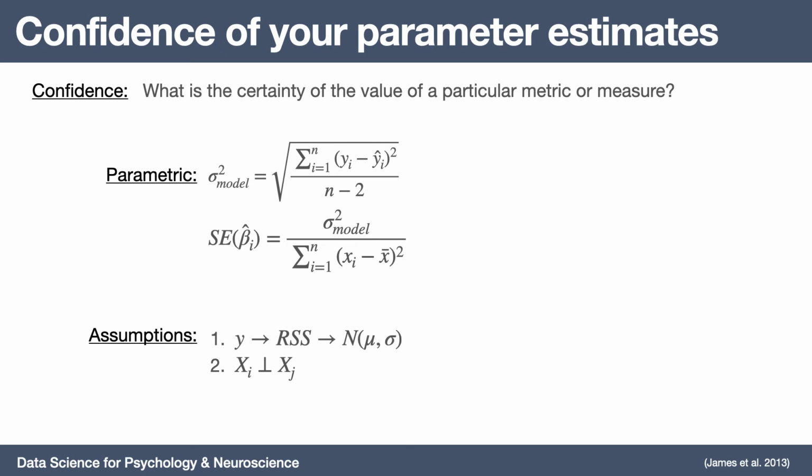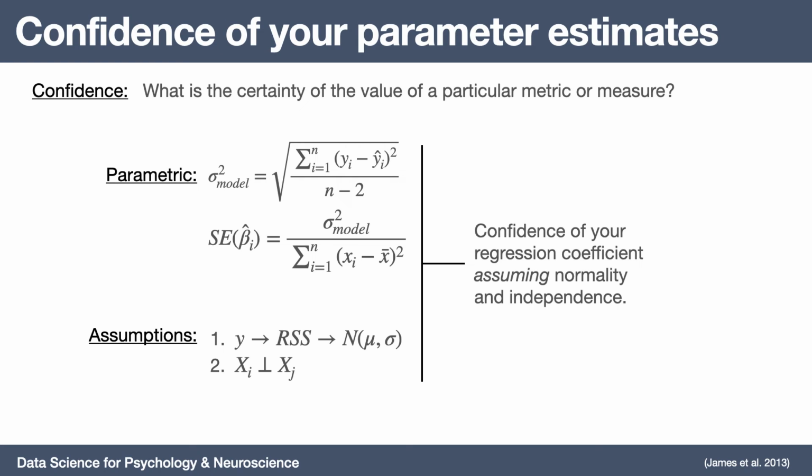And that every variable in x is independent of every other variable in x. So for every xi, it's independent of every xj. With those assumptions met, you can use these equations to calculate the confidence of your regression coefficient, assuming a normally distributed y and independent x.